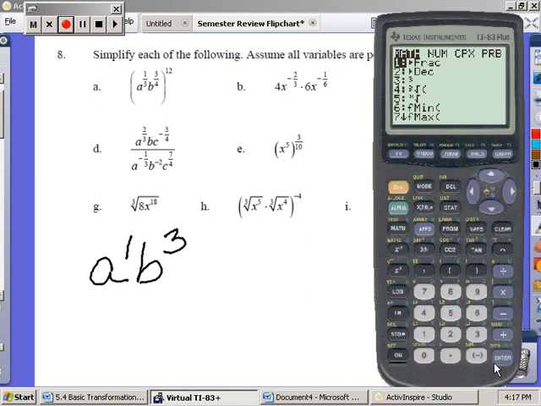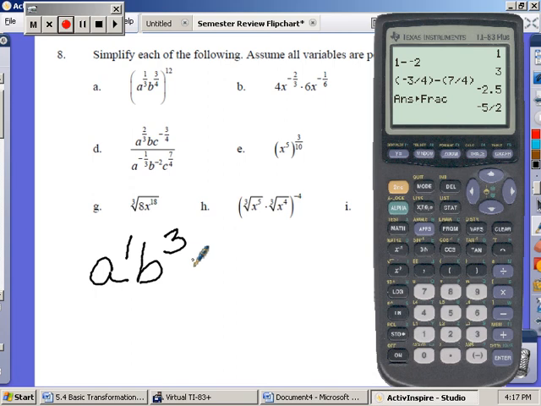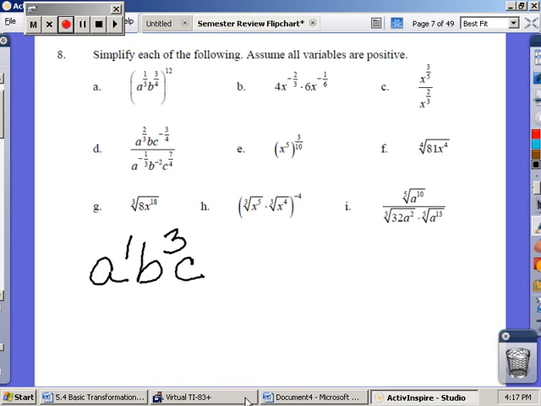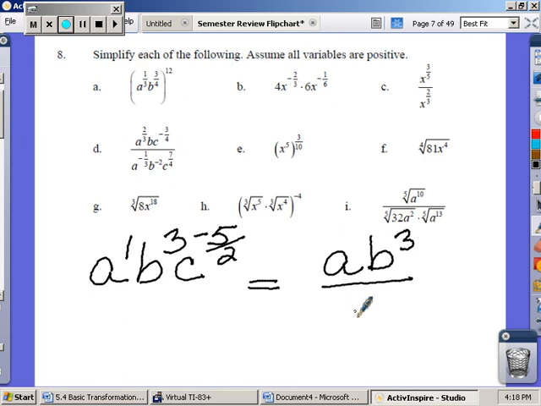Go to Math, enter, enter, and I get C to the negative 5 halves. Can I have a negative exponent? No, so you're going to rewrite a to the first, b to the third, and the base c goes in the denominator because the exponent is negative in the numerator.